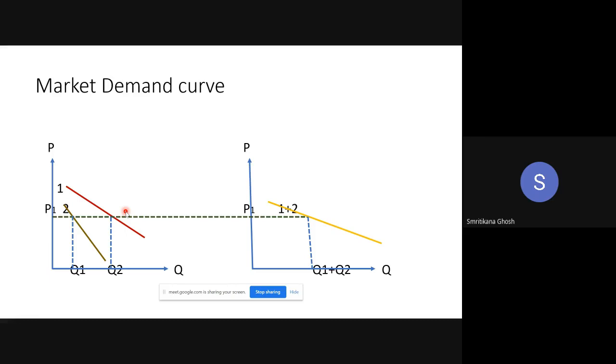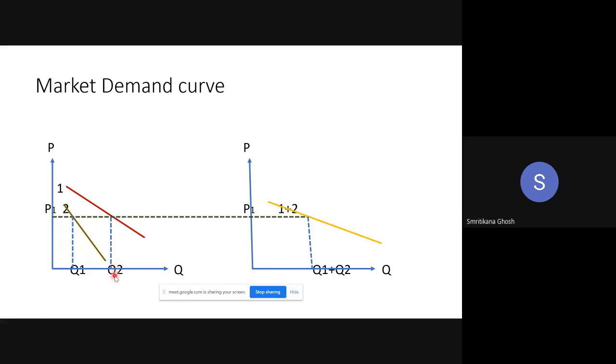The market demand curve is very simple. It is called the horizontal summation of individual demand curves. Horizontal summation means what? Given the price P1, what is the demand from individual 2? It should be Q2. And what is the demand from individual 1? Q1.